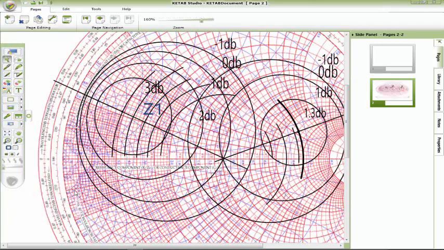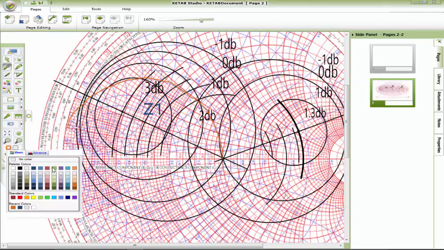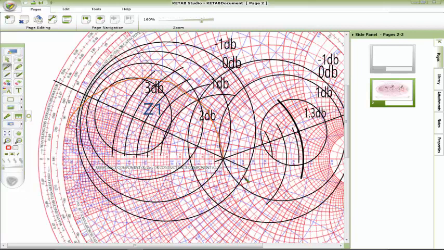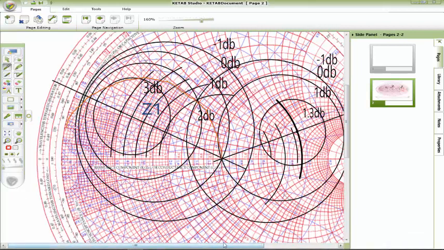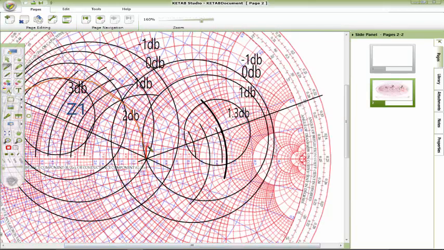Okay, let's put the conductance circle. This is the conductance circle. And we have another circle which is the resistive circle here.